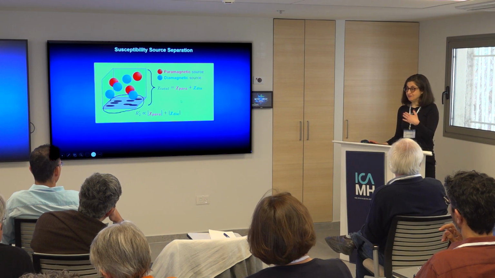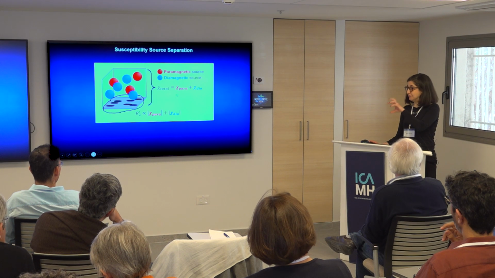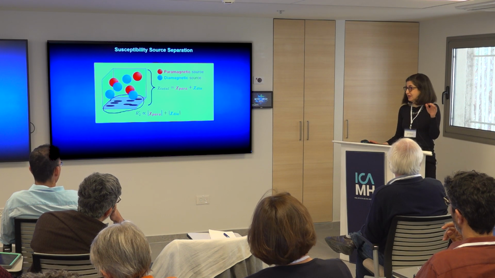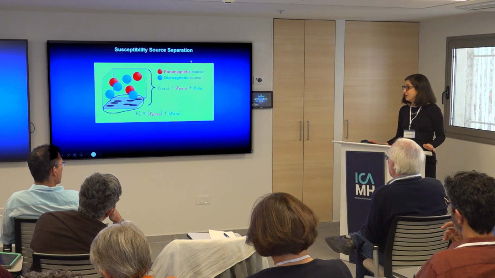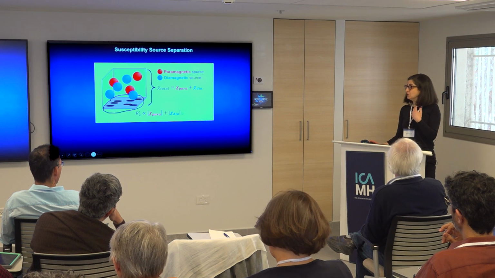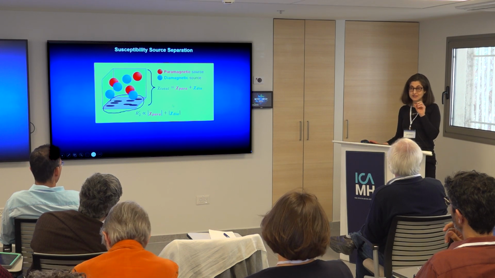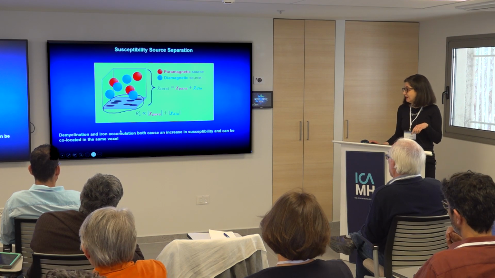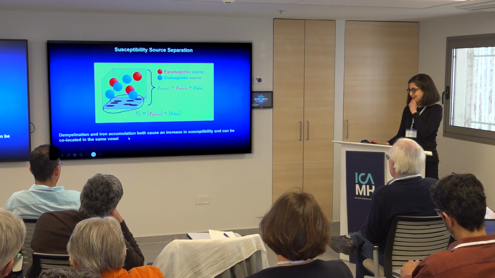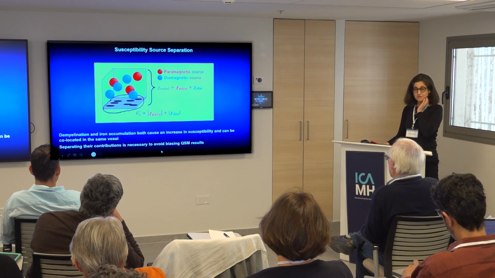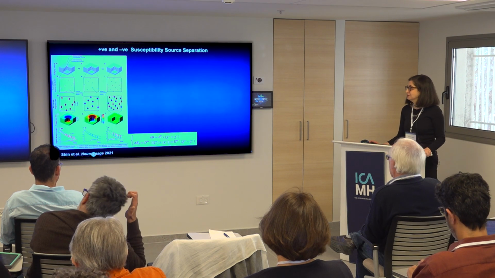Recently there have been methods developed called susceptibility source separation, which allow us to combine the R2 and R2 star information that we get from the magnitude signal decay with our susceptibility information to separate the paramagnetic and diamagnetic sources. Again, they can happen in the same voxel, and it would be really interesting to separate those results.